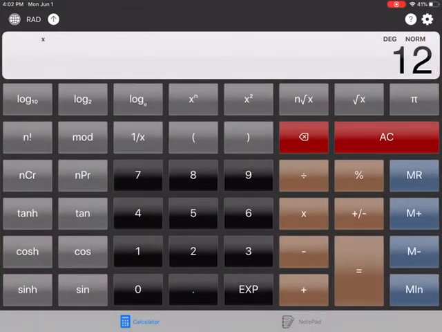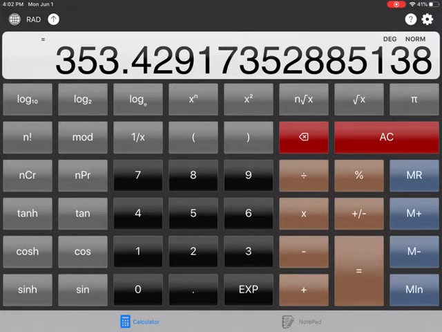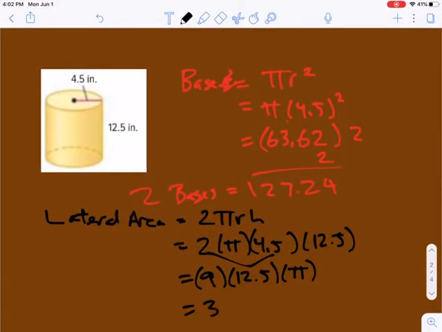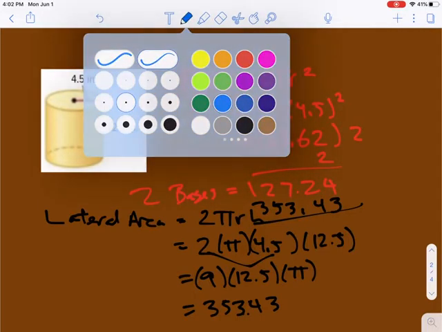9 times 12.5 equals that, times pi, 353.43. All right, and then you just add them up. So you do 353.43, and then we're going to add these, and I'll try to do this in another color so it's not quite so hard to see.